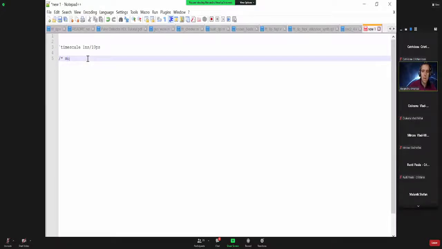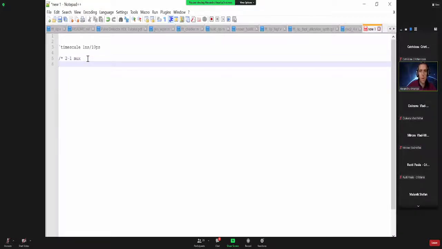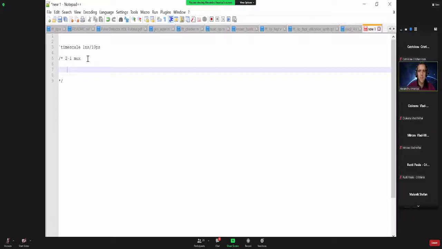So what I would like you to do now is make a very simple 2-to-1 multiplexer. First of all, which are the inputs and which are the outputs?